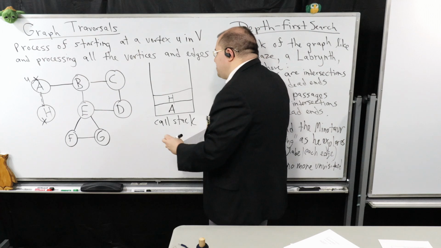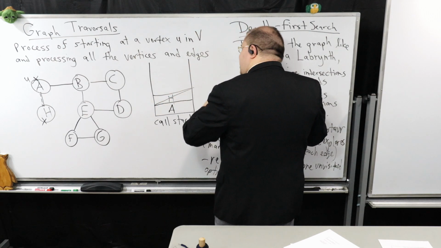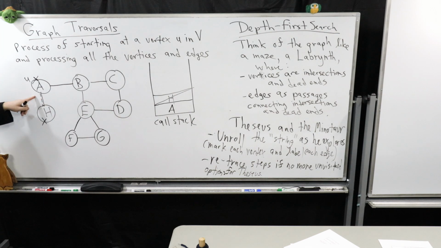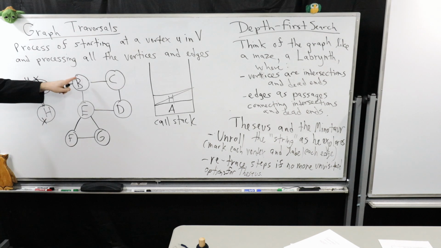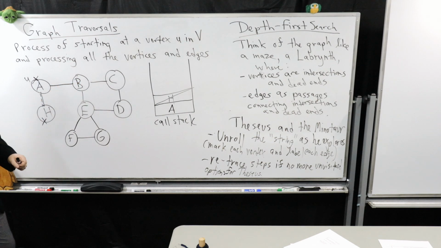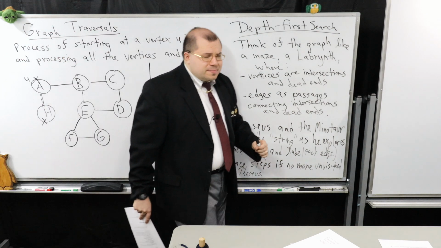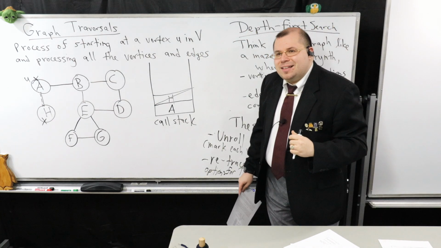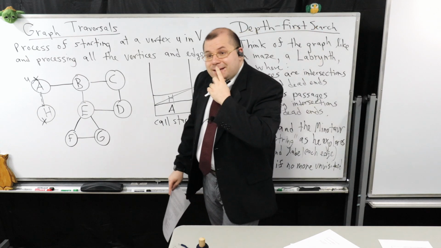So that means I'm done exploring at vertex H, and now I continue with what I was doing while going through each incident edge for vertex A. I already examined this edge. I look at this edge, I look at its other endpoint. Is this marked or not? Can somebody tell me, is vertex B marked or not? It's not marked, right?